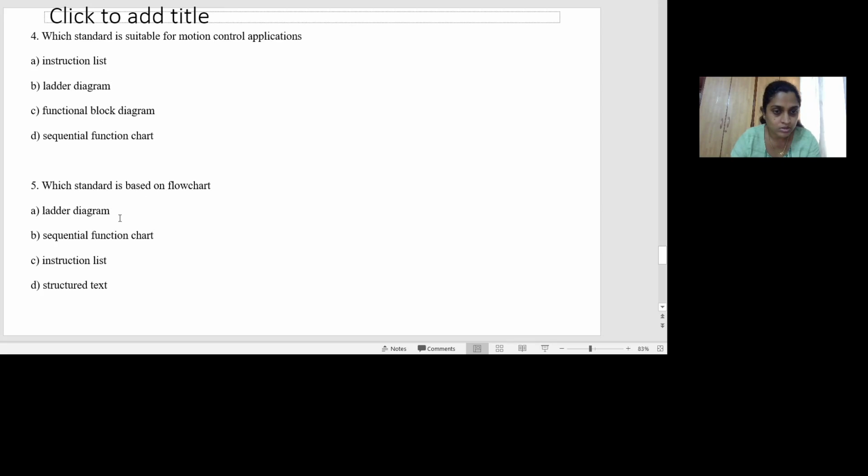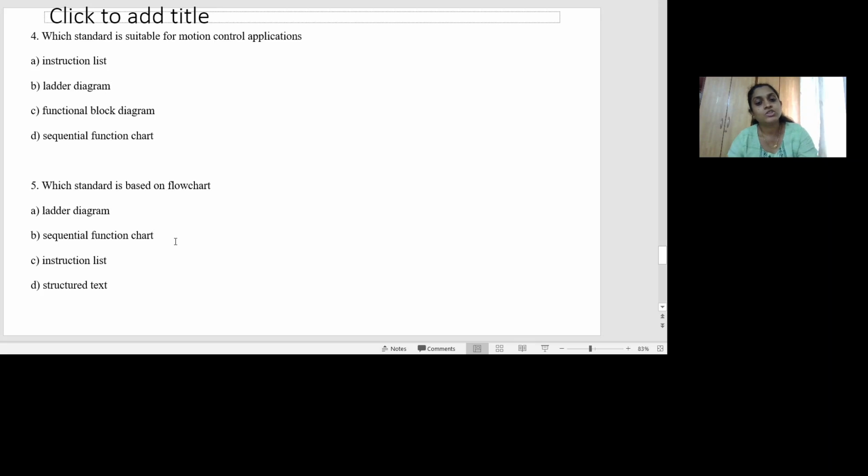The next question would be, which standard is based on flowchart? The choices are the ladder diagram, sequential function chart, instruction list, structured text. The answer is sequential function chart.